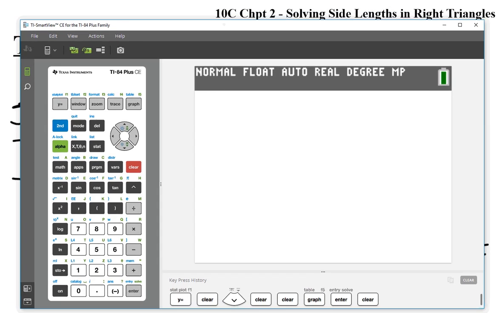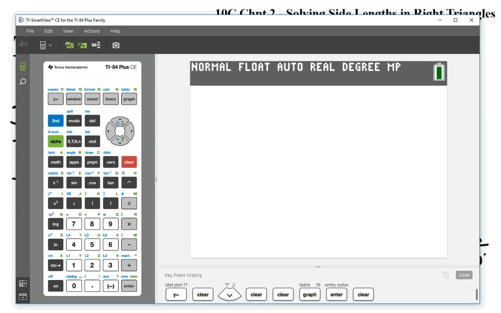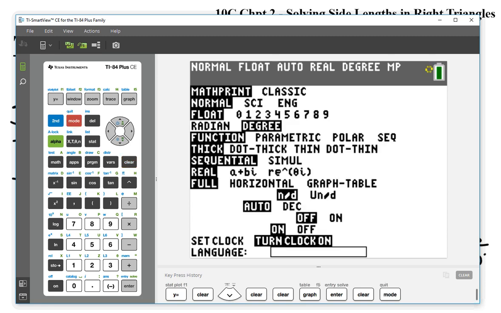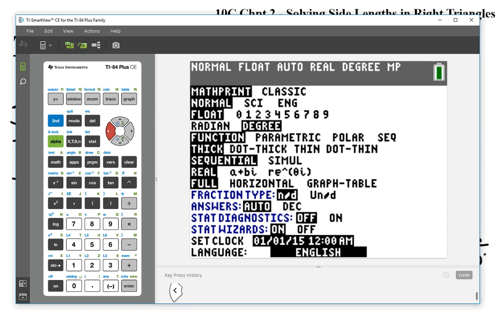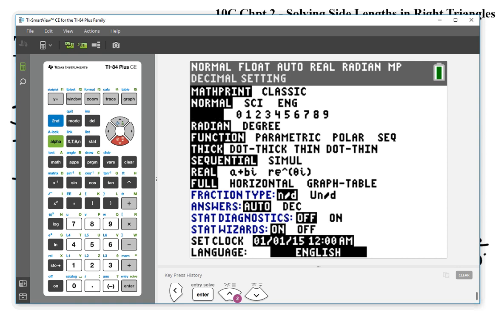Let me just bring the calculator into the screen here. On your calculator, you hit the mode button, one of the top buttons. You want to make sure and scroll down so that degree is highlighted and not radians. If radians were highlighted, now we can see that radian, fourth line down, is highlighted, it's going to give you an answer, but not the answer we're looking for.